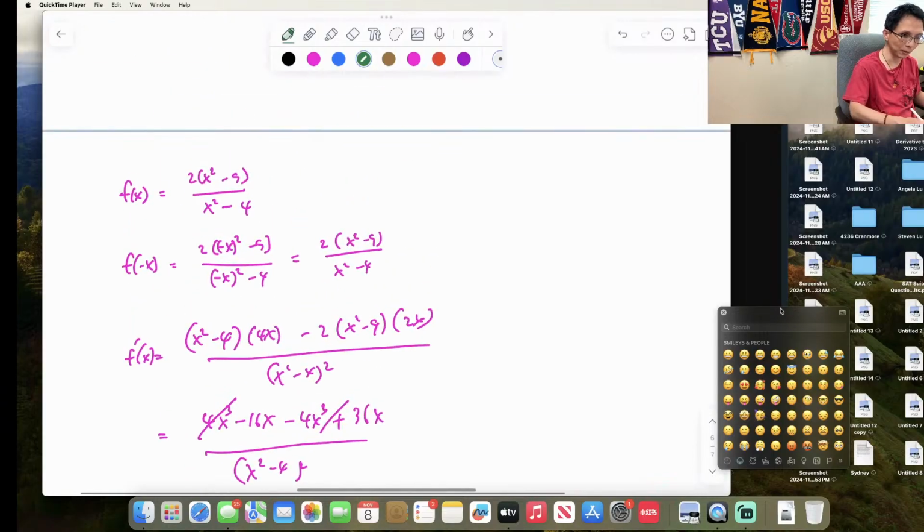If you look at the original function, the domain says it cannot equal 2, and also there is a vertical asymptote at 2. So tricky question, is it an inflection point? No, because it's an asymptote. But it did have a concavity change. You would think that this is an inflection point. This is not, because there was no point there.